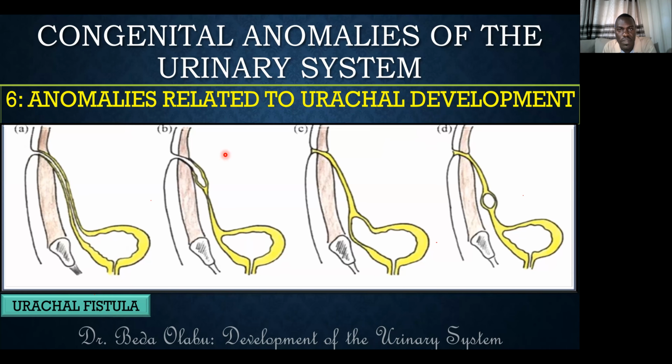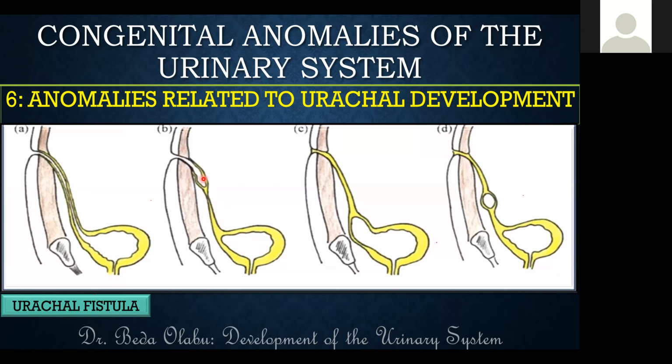Okay, sister, so the second one is yours. Here, the urachus involuted on the lower end, but the upper end of the urachus persisted. So you have a tract with a blind end coming from the umbilicus. What do you call this, sister? Sister, you are muted. Sorry, come again.